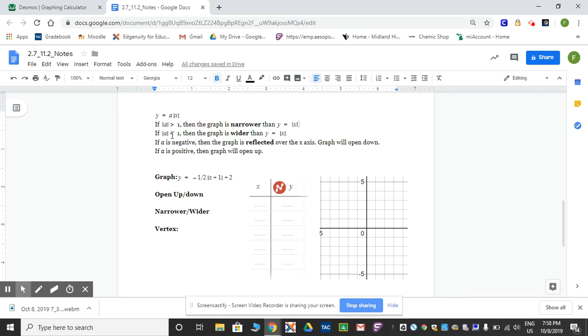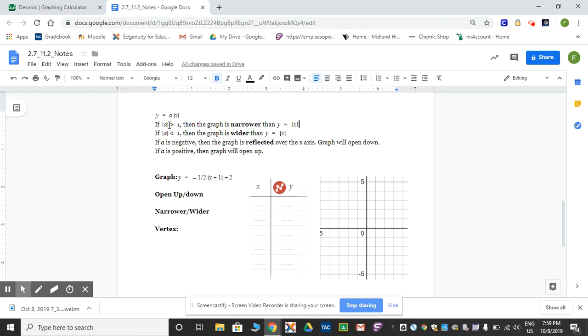If that number is less than 1, then the graph will become wider than my parent function y equals absolute value of x. If a is negative, then the graph is reflected over the x-axis, and my graph will open down. If a is positive, then the graph will open up.